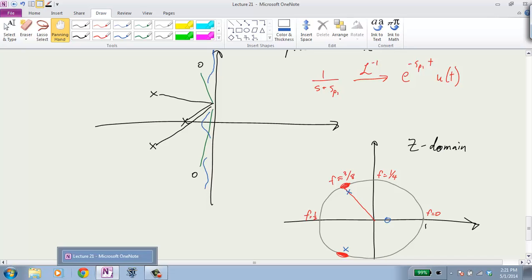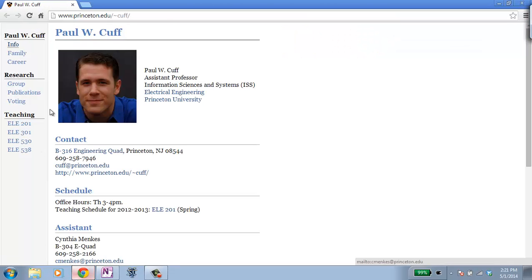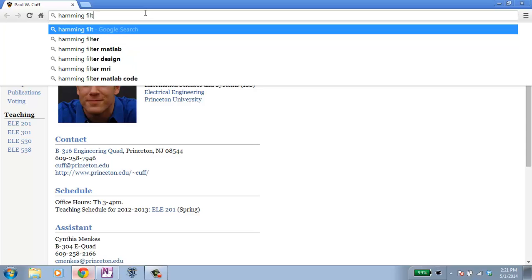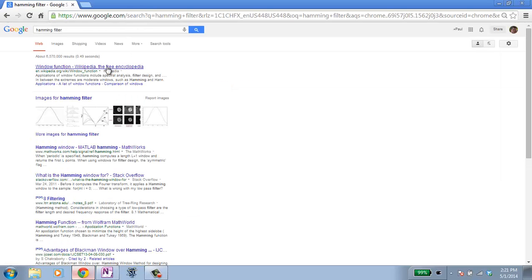We can look up, remember when we were talking about filter designs, we have this Hamming filter we used as an example. And if I go back to that page that we've looked at before, oh, and that's not what I want.